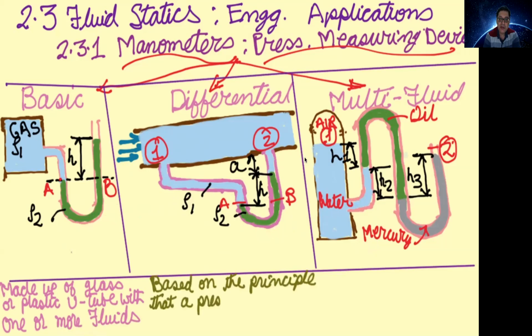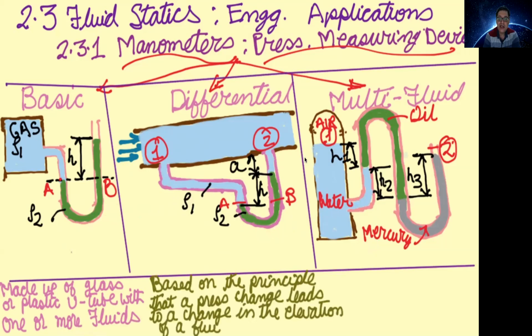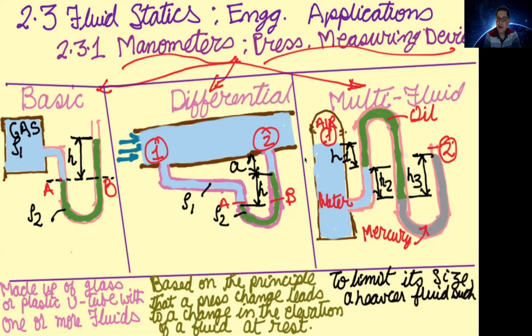This is based on the principle of pressure change that leads to a change in the elevation of the fluid at rest, which was presented in the previous lecture. And finally, to limit the size of manometer, a heavier fluid such as mercury is used for measuring large pressure drop, as I had shown here for the multi-fluid manometers.